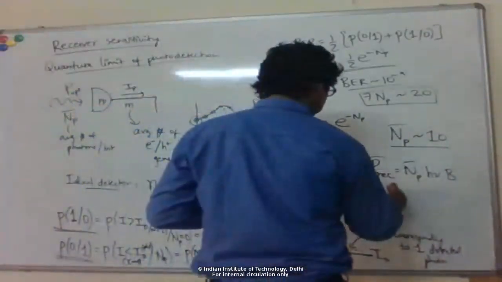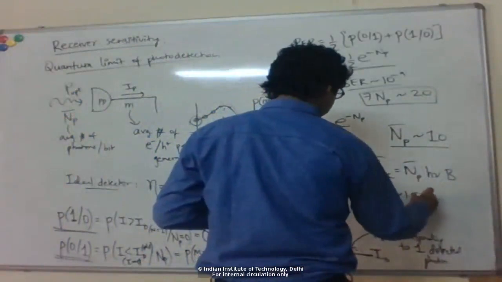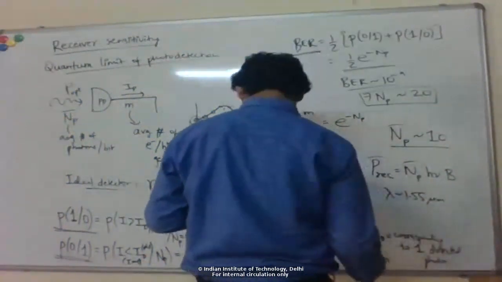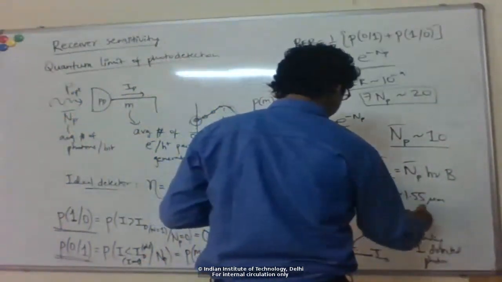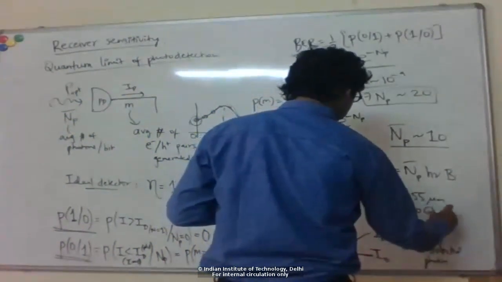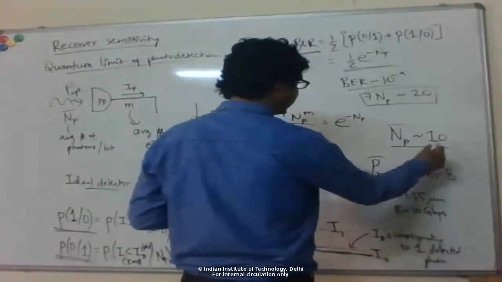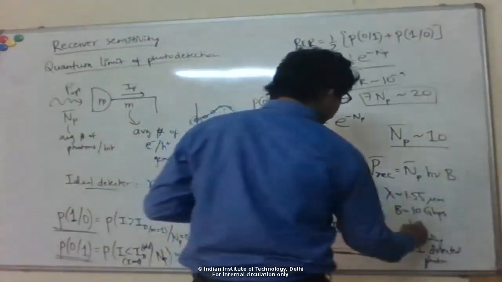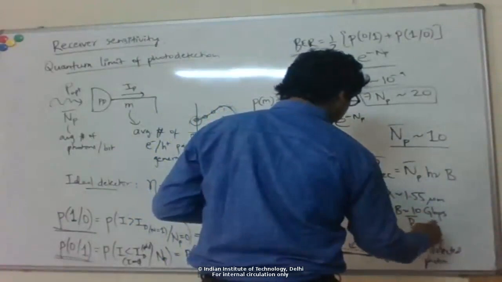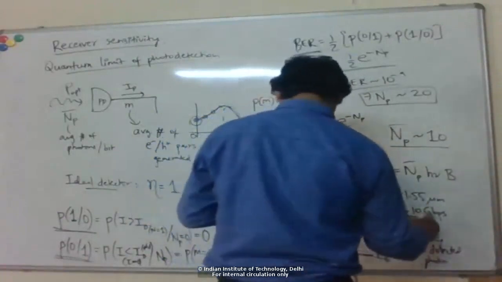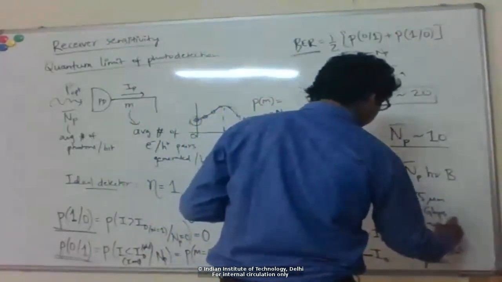So again, if you take typical lambda 1.55 micron, bit rate 10 Gbps. So for this average photons of 10, you get the ultimate limit on the receiver sensitivity to be about 13 nanowatt.